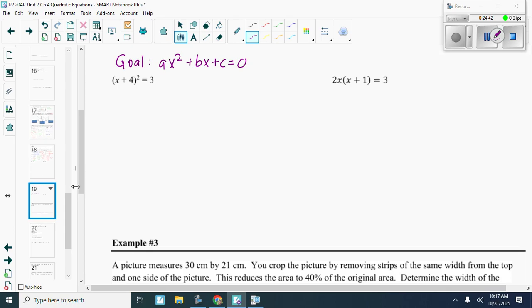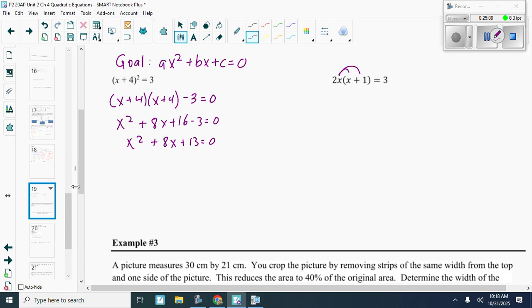You would actually have to do x plus 4, minus 3 equals 0. Once you have it in standard form, now you can pop it into the quadratic formula. Same thing here: you'd have your 2x squared plus 2x minus 3 equals 0.